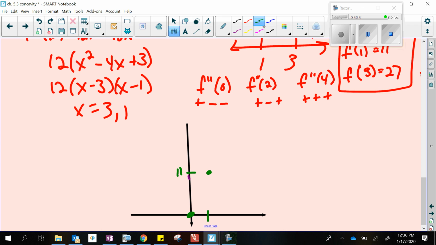And at (3, 27), we have an inflection point. Now to draw our graph, it goes increasing and concave up. It goes decreasing and then increasing, concave up, and then it switches to still increasing but concave down, and then still increasing but concave up. So it should look like that.